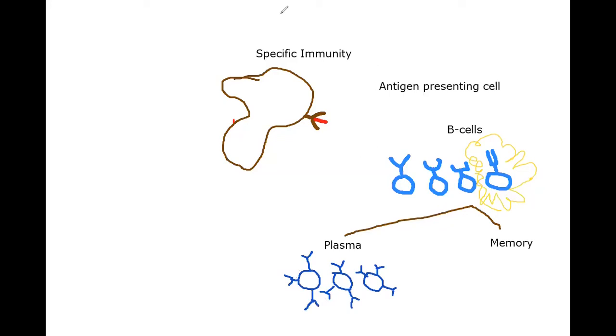So let's grab another one of those invaders. If our invading cell is back and it has its fancy antigens on it telling us that it doesn't belong, those B cells will start spitting those antibodies out into the bloodstream where they can go after these antigens. These antibodies will start to stick to the antigens.